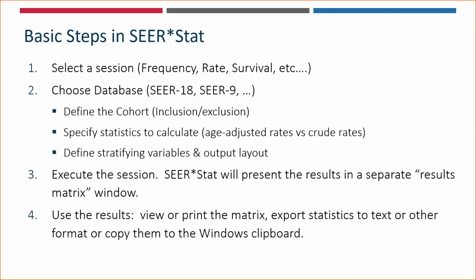And it's really important to distinguish between defining a cohort, say, I only want to look at lung cancer cases, and stratifying it. I want to look at these lung cancer cases by sex or by race. So we define our session, then we execute the session, we get results, and then we can use those results, print, export, graph, and so on.